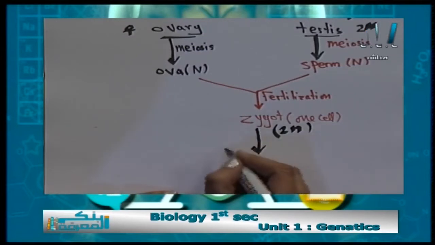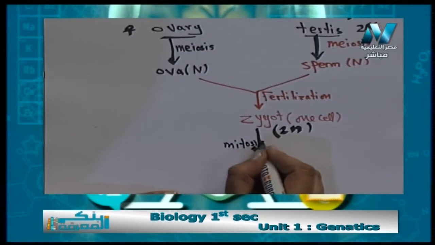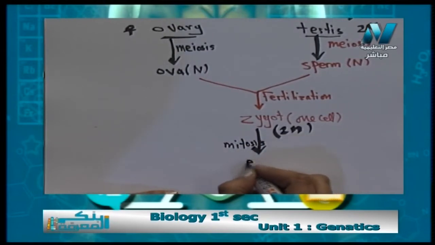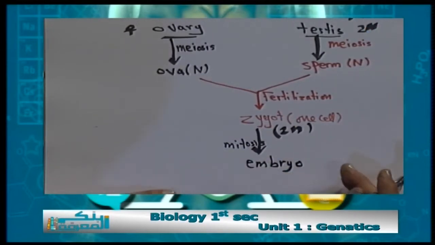Zygote divides by mitosis and produces embryo, which contains millions of cells.